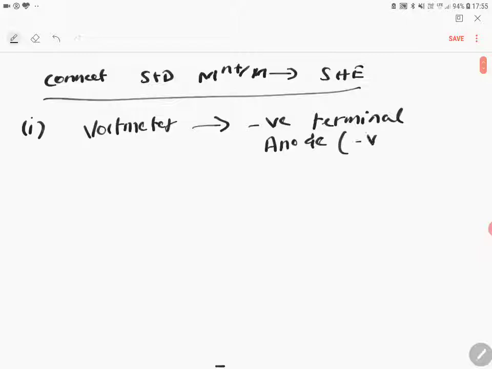Anode is the negative electrode in a galvanic cell. Basically we are discussing the two half cells in a galvanic cell. So here, all of you know, oxidation occurs.